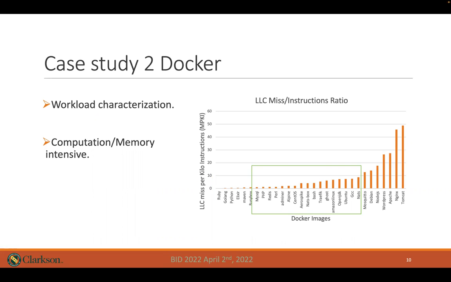On the other hand, other Docker images, such as MySQL, Traefik, and Ubuntu, despite having higher MPKI than the interpreter programs, are still categorized as computation-intensive programs due to having an MPKI less than 10. On the contrary, the web server Docker images, such as Apache, Nginx, and Tomcat, have MPKI much higher than 10, and thus are categorized as memory-intensive programs.